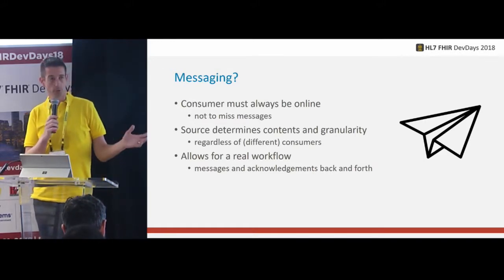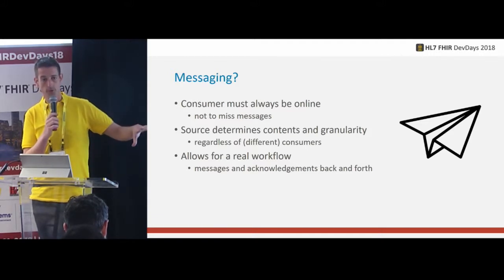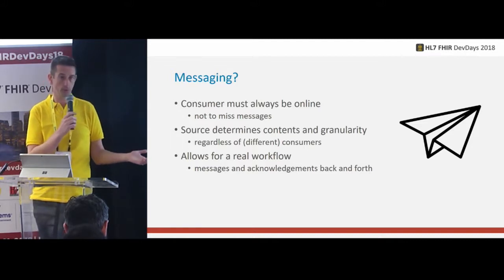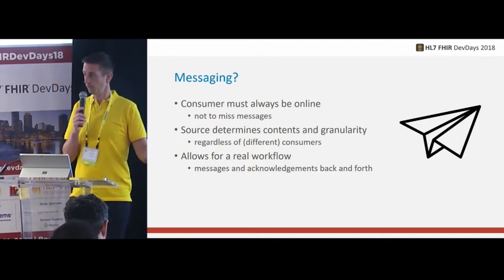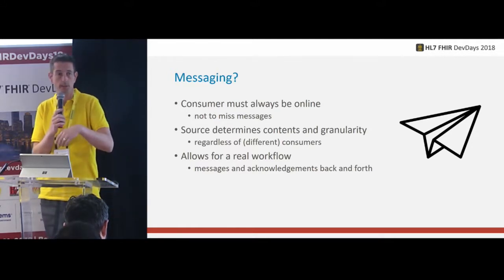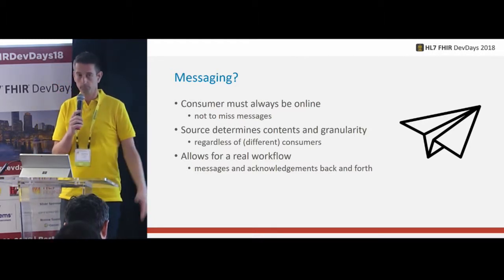And the source determines the contents and the granularity. If you have a FHIR server as the source, then the consumer gets to determine what it asks for and what not. But if you send messages, then the consumer will have to deal with whatever is in the message, whether it's too little, too much, or both.